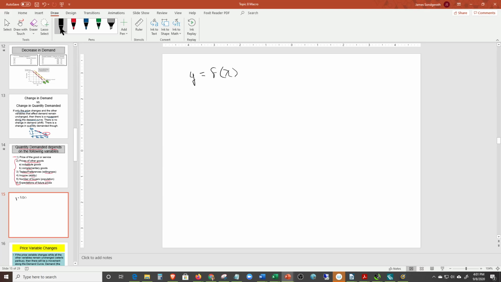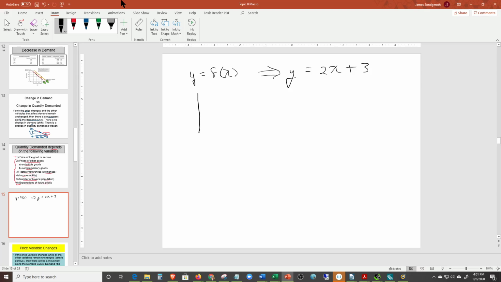And maybe you could say that y equals 2x plus 3, the slope-intercept type of thing.